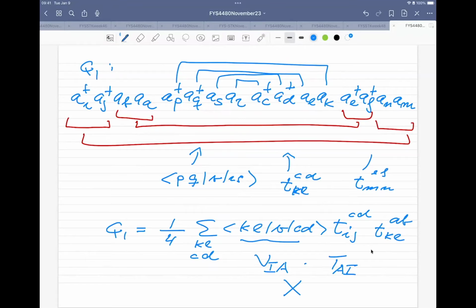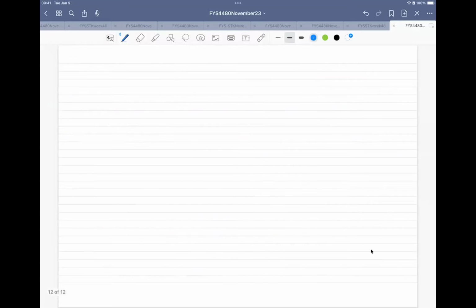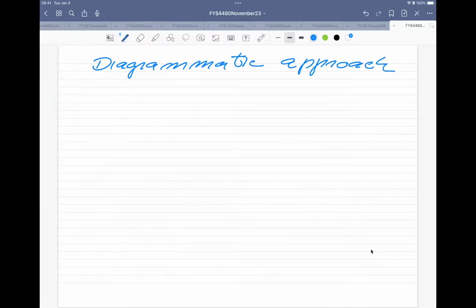And you will see this becomes even more powerful when you look at 3-particle 3-hole excitations and so on. So let's bring in a diagrammatic derivation, or diagrammatic representation, or perhaps we call it approach a little bit better.